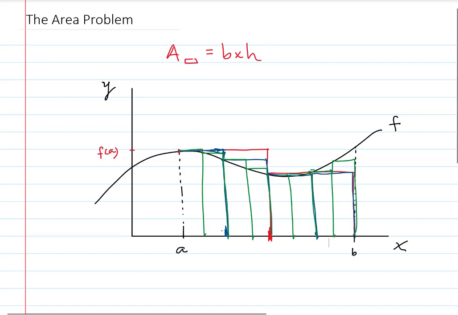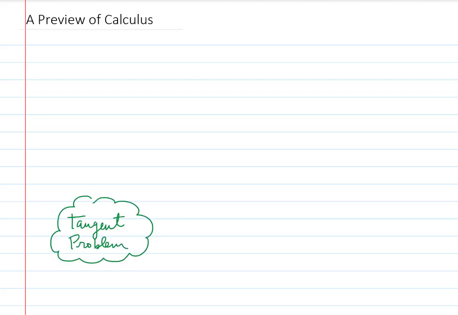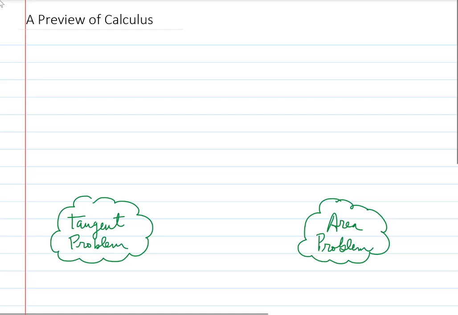So I want to finish here with just a little chart. We have now the tangent problem, right? And then we have the area problem, right? So basically this tangent problem sort of gave birth to this branch of calculus we call differential calculus, right?